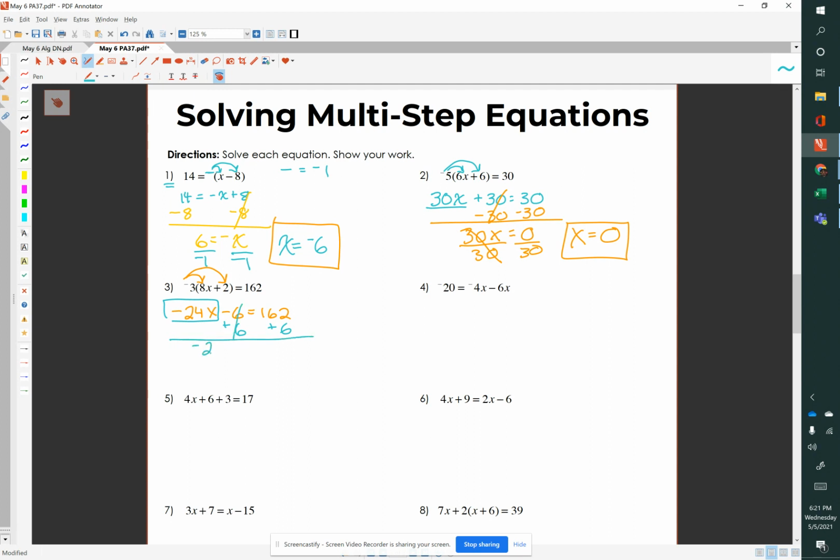So we have negative 24x equals 166. And then our next job is to divide by negative 24. So let's get started with that.